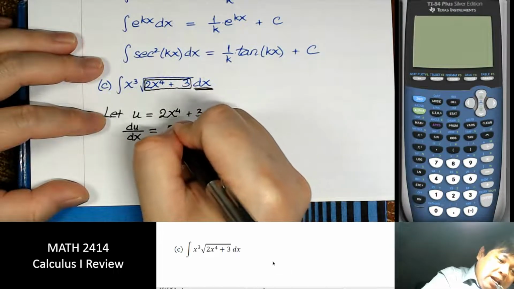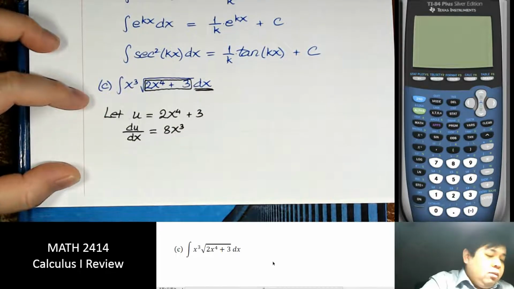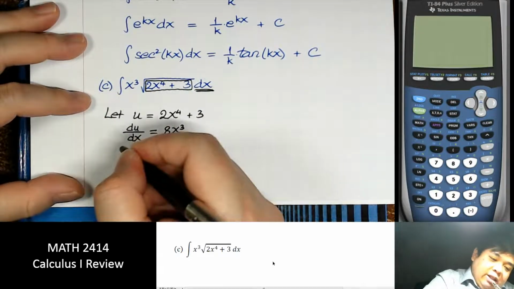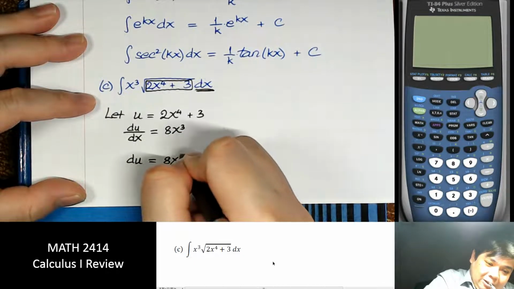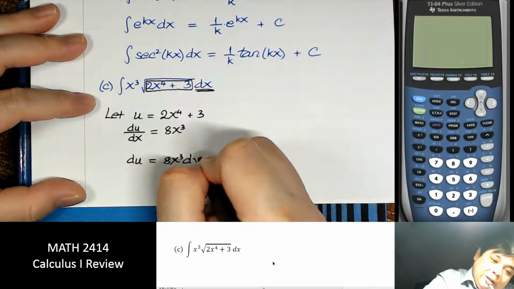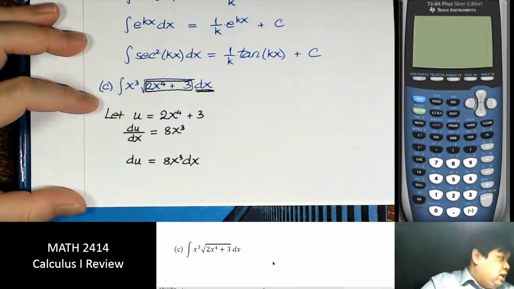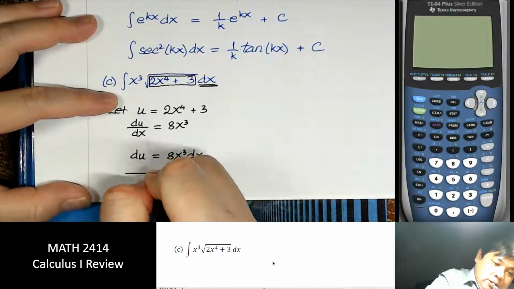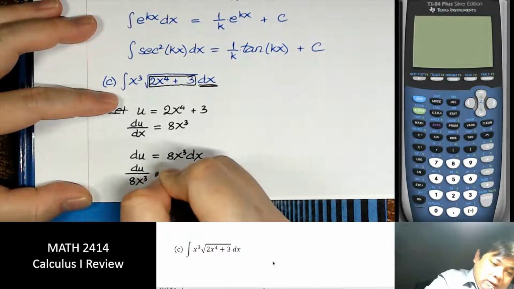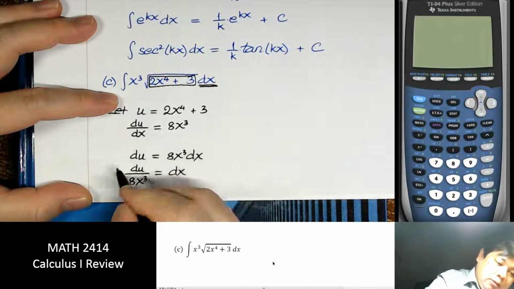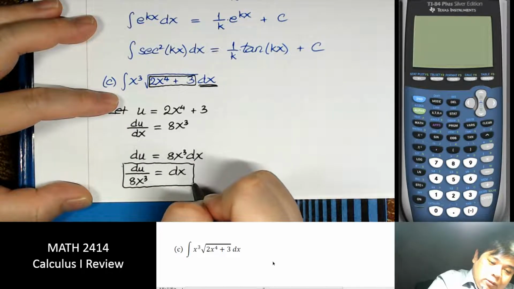The derivative of that is 8x cubed. And we can move the dx over. If we want to solve for dx, we divide by the 8x cubed.